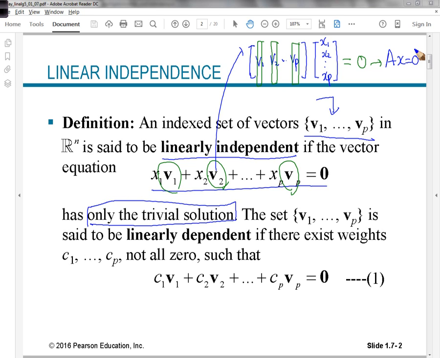And we learned that this system always has a solution, because if we plug in all zeros for x1 through xp, we always satisfy this equation. So we at least have one solution, and that solution is really easy and very trivial, so we call it the trivial solution.